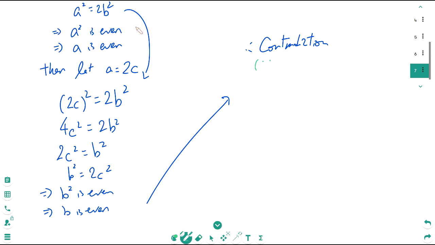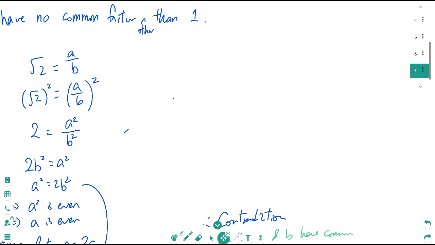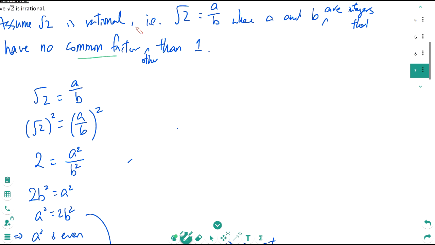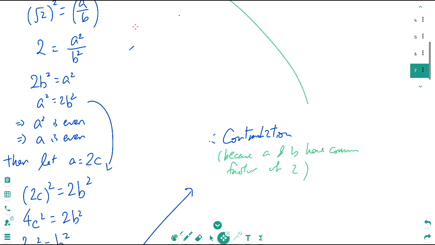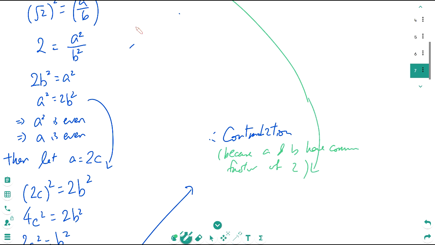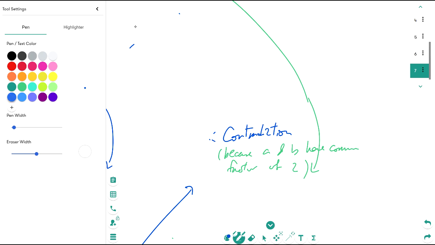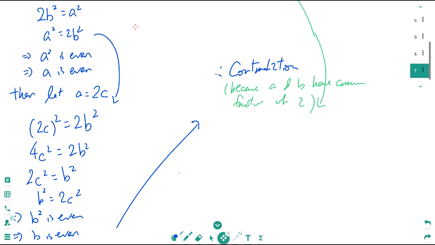It's just for your understanding: a and b have a common factor of 2. You can use a pencil to connect the dots for yourself. When you do revision, you should understand where this line comes from. So therefore contradiction. Therefore, root 2 is irrational.